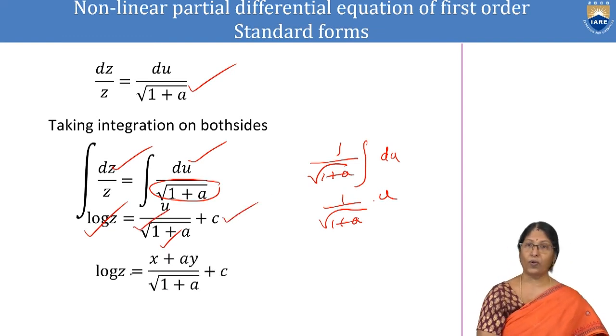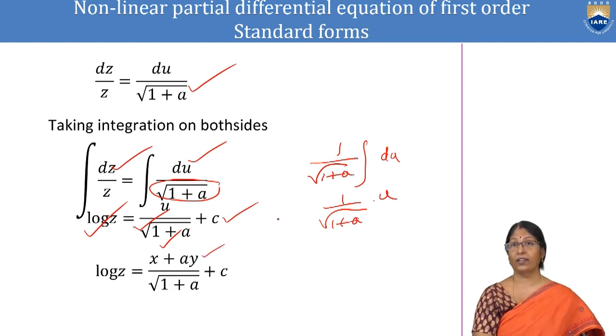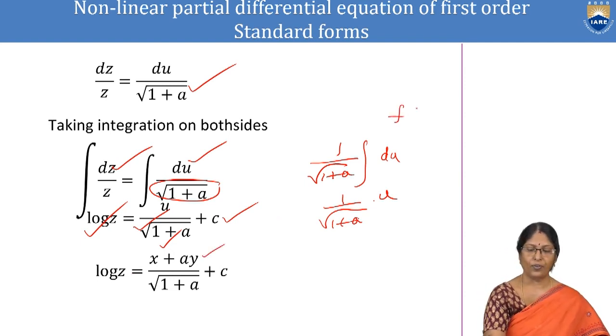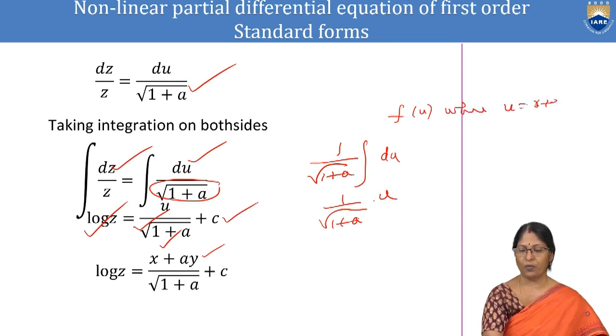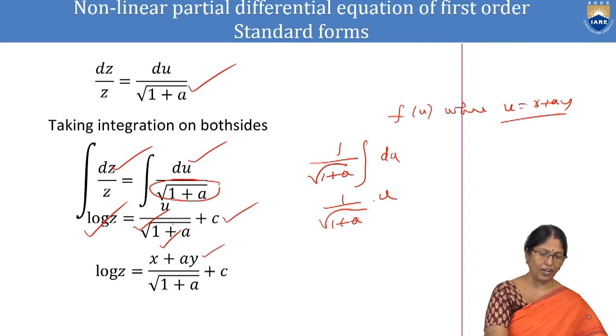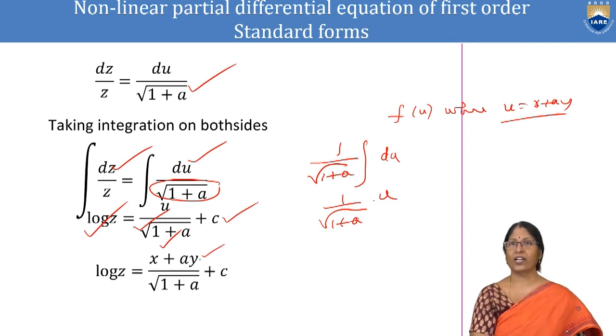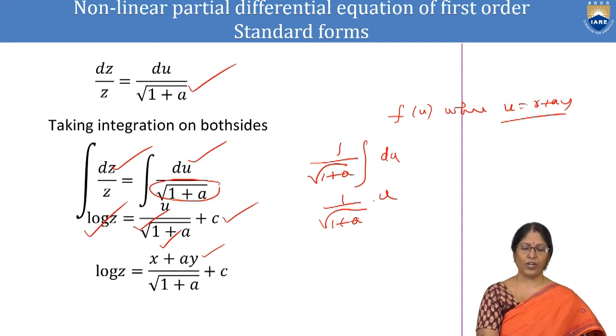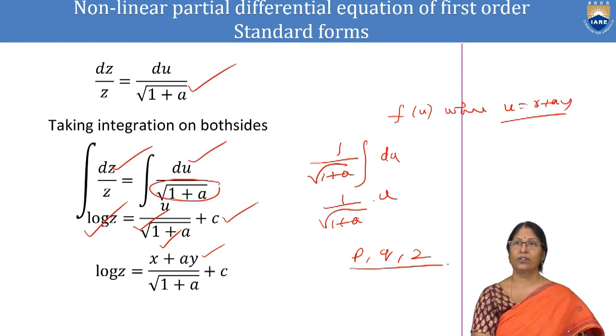So log z equals f(u), where u = x + ay. This is the step already defined for standard form 2. Finally u is replaced by x + ay. This completes the steps to be adopted if the question has the variables p, q and z.